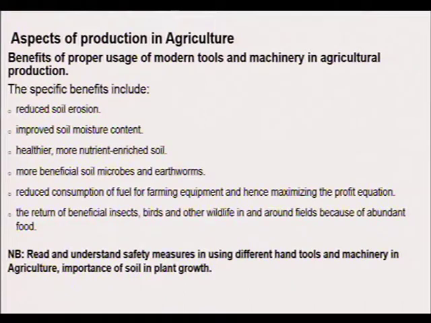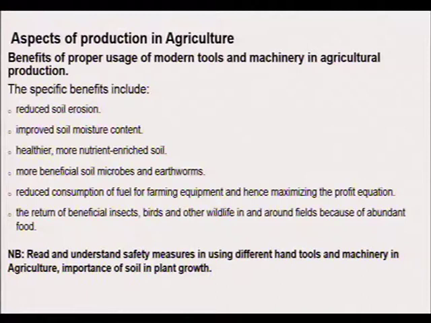Now, still looking at the aspect of production in agriculture, let us look at the benefits of proper usage of modern tools and machinery in agricultural production. As we all know, technology is advancing and agriculture is also advancing, so we have some modern tools and machinery being used in the field of agriculture.